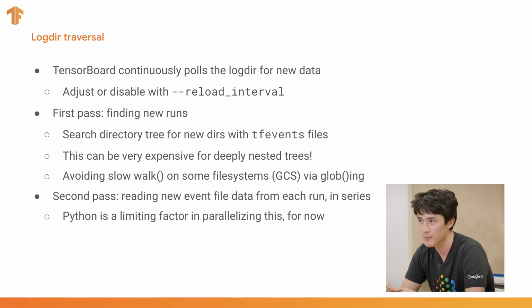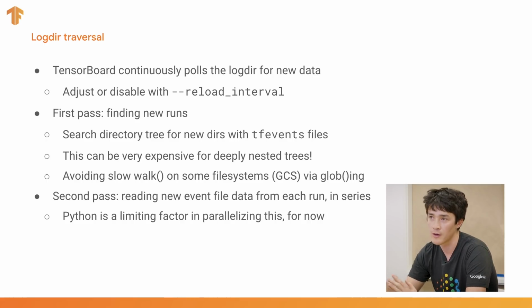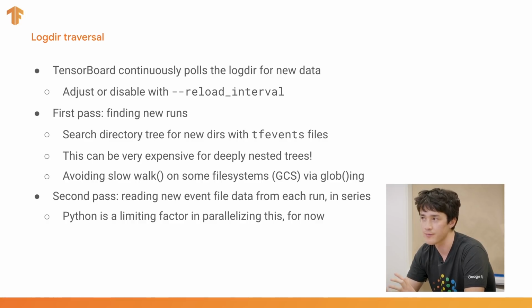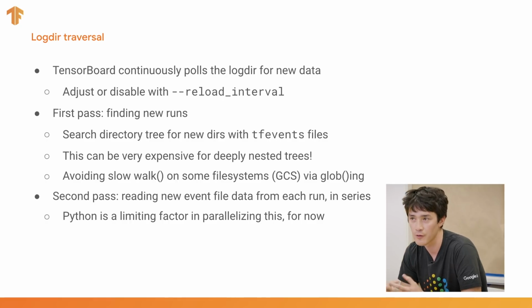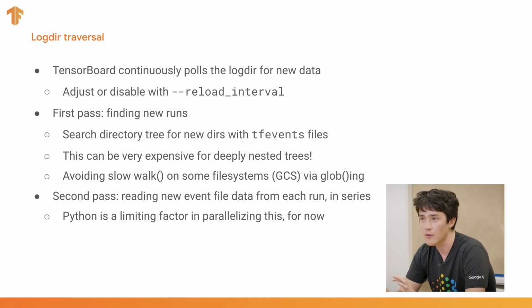We have some optimizations for this. So for example, on Google Cloud Storage, rather than walking each directory individually, we have this iterative globbing approach, which we basically use to find all directories at a given depth at the same time, which takes advantage of the fact that GCS doesn't actually really have directories. There's sort of an illusion. And there's other file system optimizations like this that we would like to make as well. But that's just one example.